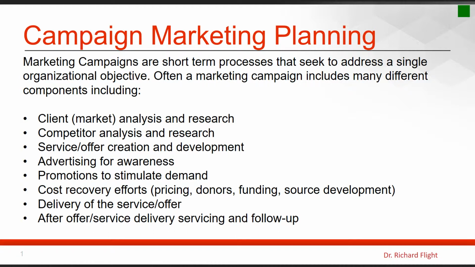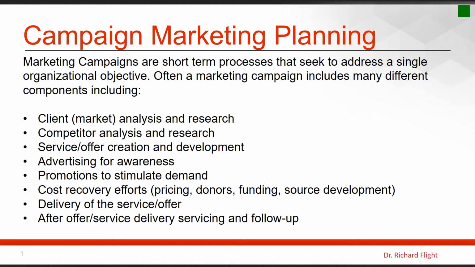Make sure that you understand that these 8 elements are all included in a short-term campaign, and they sort of go in sequential order. Like we do client and competitor research together, we create an offer or a service that we're going to provide. We make our market aware of it by advertising.